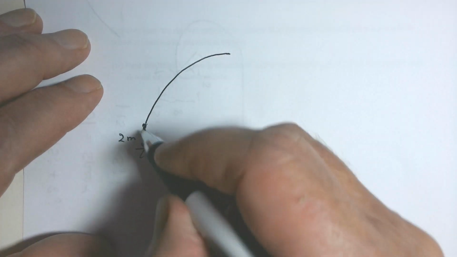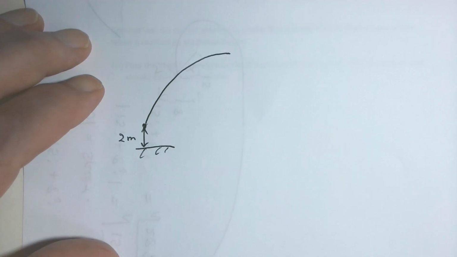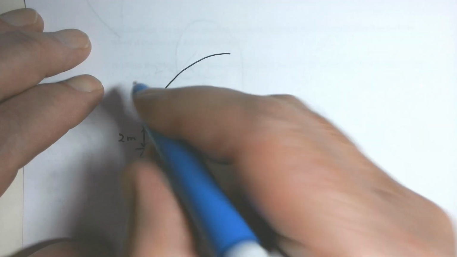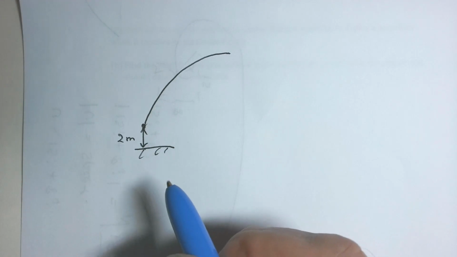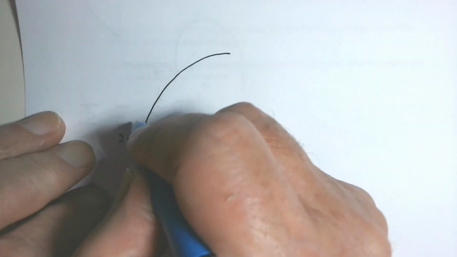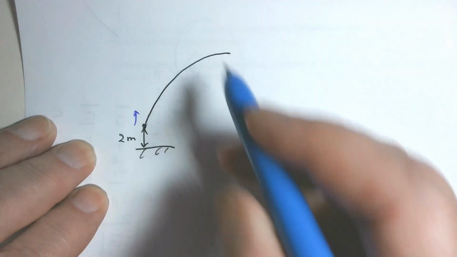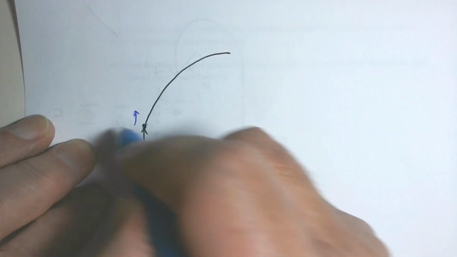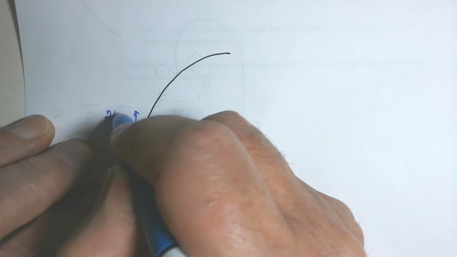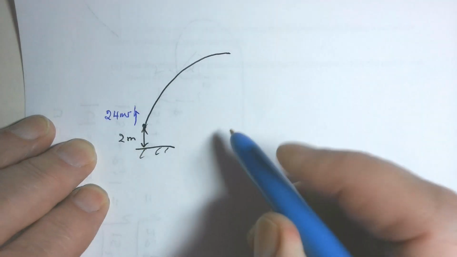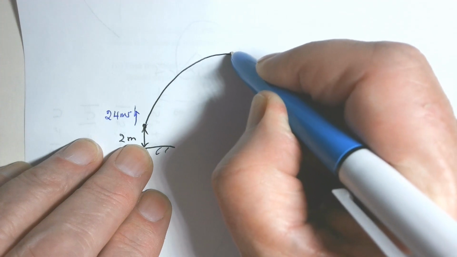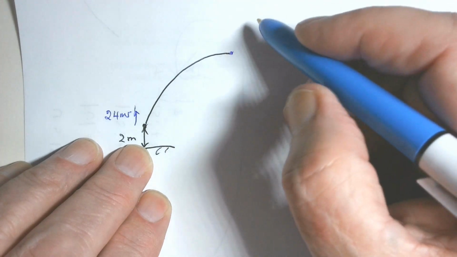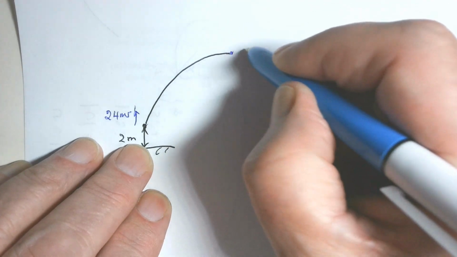And so now we know that this initial velocity upwards in the vertical direction is 24 meters per second from the first part, but we know at this point, when it reaches its maximum height, its velocity is going to be 0.